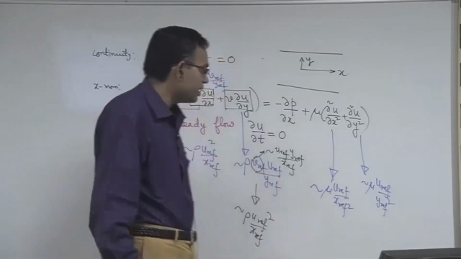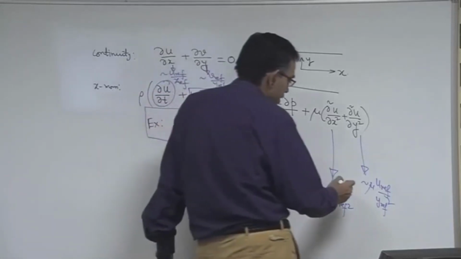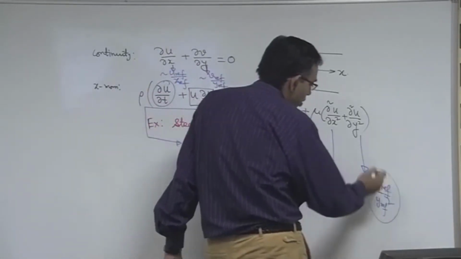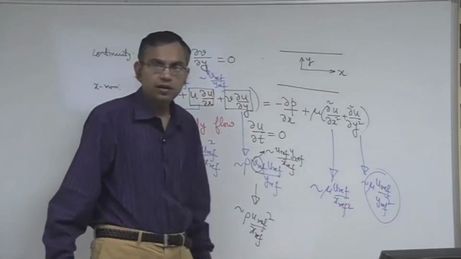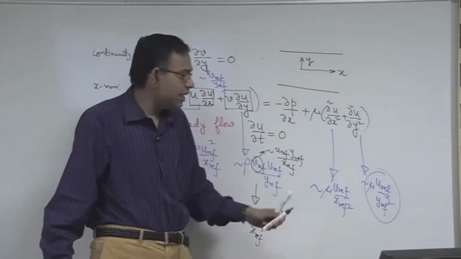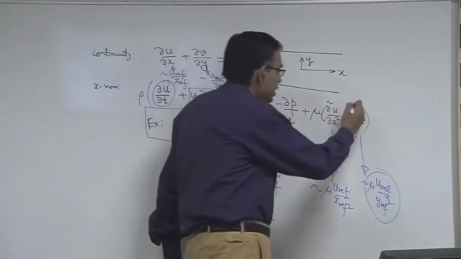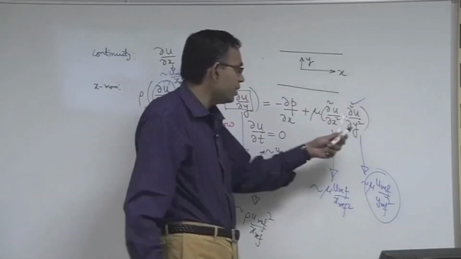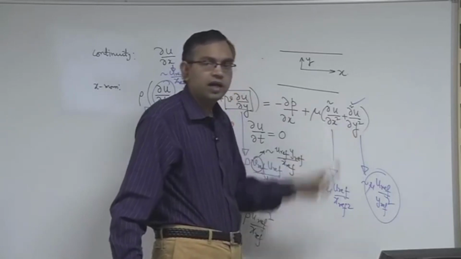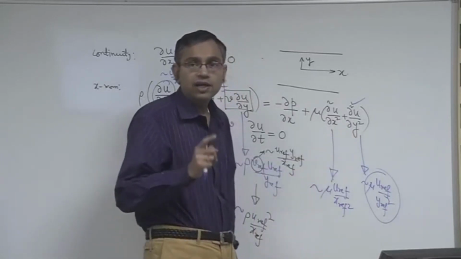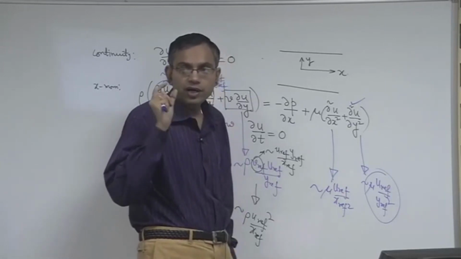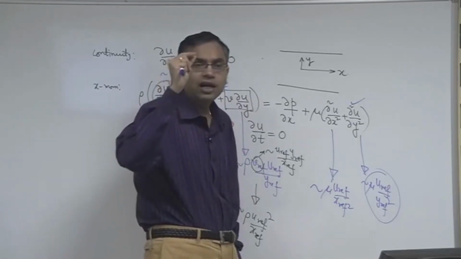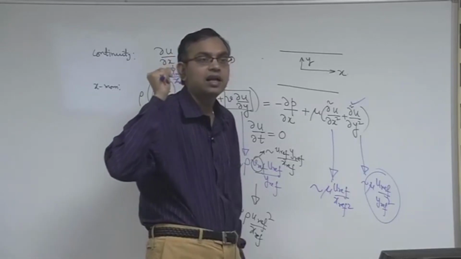So, if y reference is much less than x reference, then this term will dominate over the other, and this term is going to be the deciding factor. Look into the similarity between this and the boundary layer theory. In boundary layer theory, you have the boundary layer thickness delta much less than L.